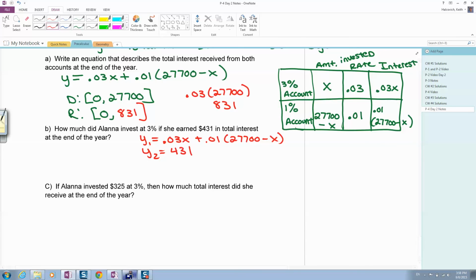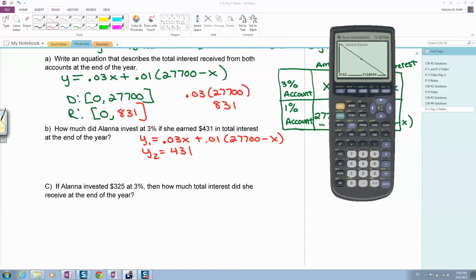So what you're going to do, hit y equals, clear your last one, so you go 0.03x plus 0.01 times 27,700 minus x. So that's your y sub 1. Y sub 2 is 431.